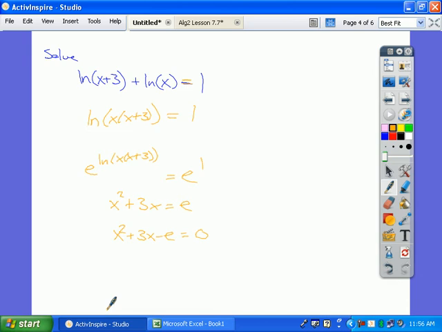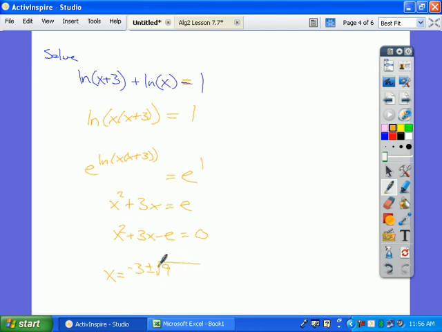Now, every problem that we've seen so far factored. You should expect your quiz tomorrow, every problem's going to factor. But what if I showed you one that it didn't? What would you do? Well, we have the quadratic formula at our disposal. Let's use it. X equals negative b plus or minus the square root of b squared, which is 9, minus 4 times 1 times negative e.